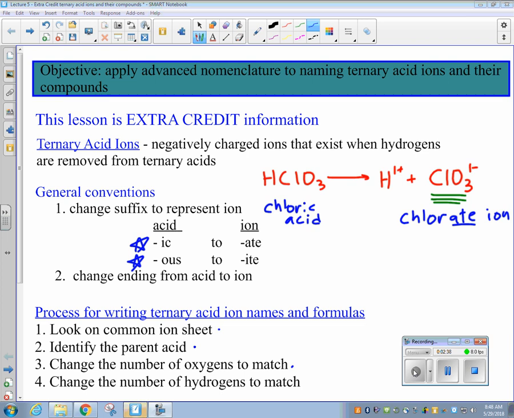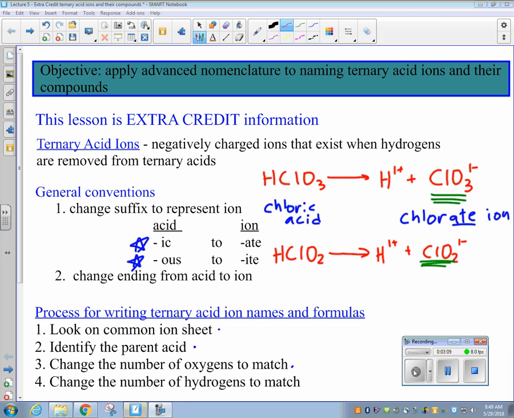So far, so good. Let's take a look at another example, the species HClO2. Upon dissociation, this would form a hydrogen ion and a ClO2, 1 negative anion. To name that ion, we have to look at the name of the acid from which it was derived.